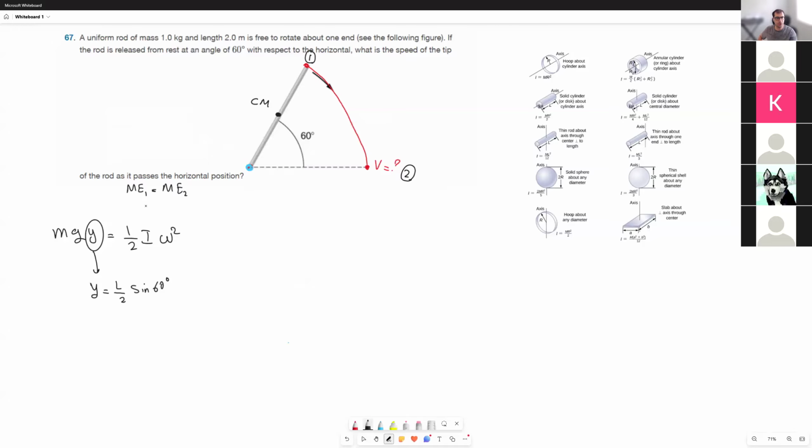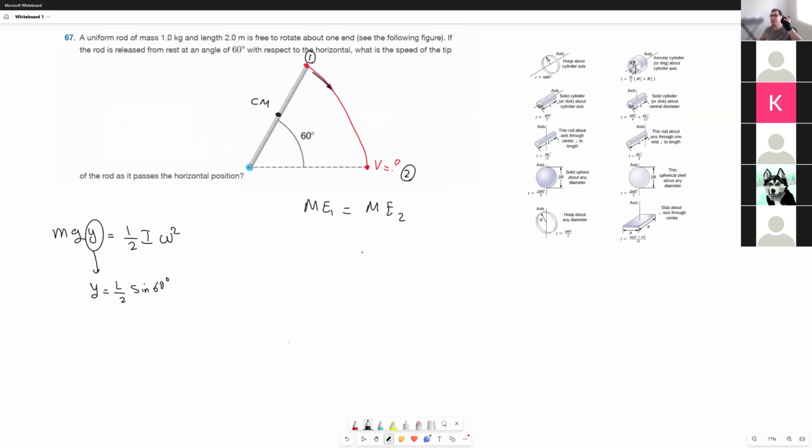Mechanical energy at point 1 is going to be gravitational potential energy. For this, you have to take a look at the center of mass.